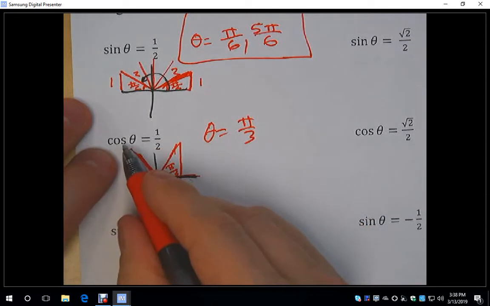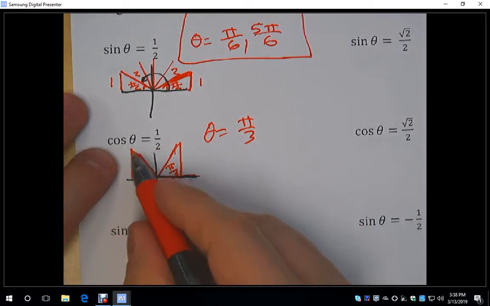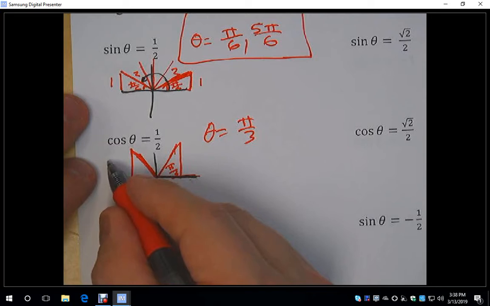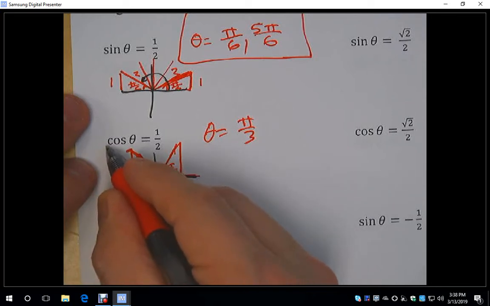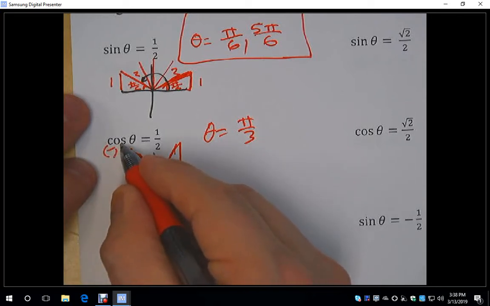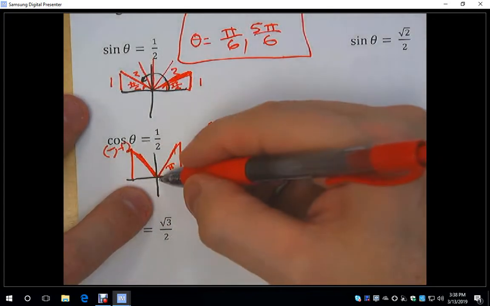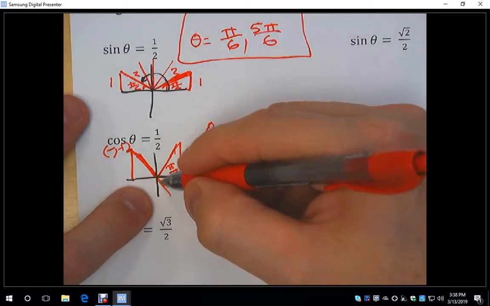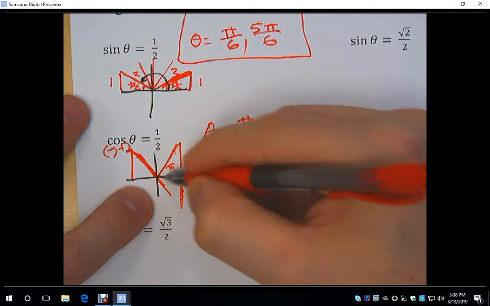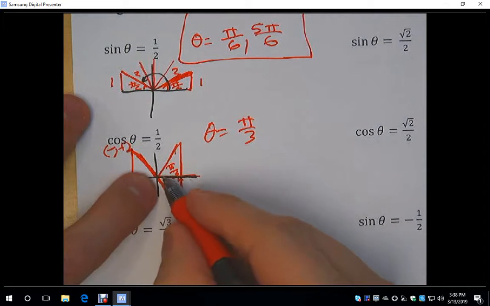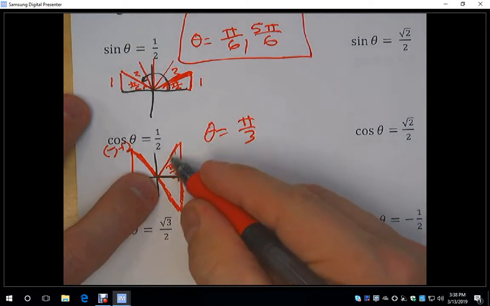Actually, because this is cosine, in this quadrant right here, cosine is my x value, so this particular point here is a negative x value. So for cosine, I'm looking at another triangle here. And this triangle has the same base, the same height, and the same hypotenuse.